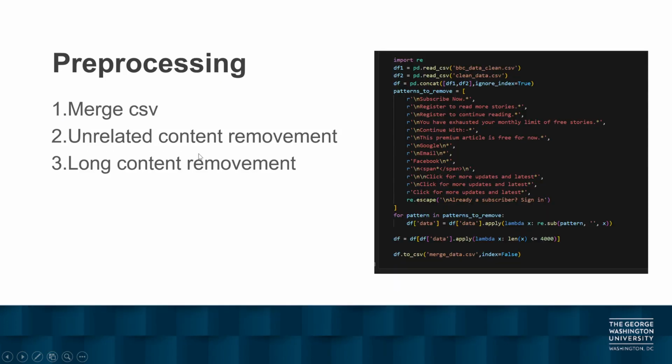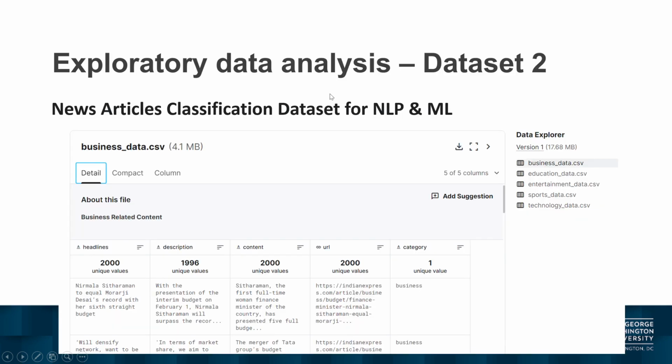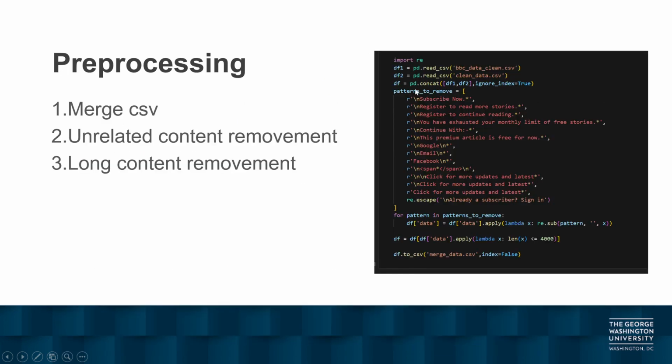So before we throw the data into the model training part, we have to first merge them together and clean the stuff that we don't want, so that the model will have a good ability to understand the context. So the first step is that I merge the CSVs: like before, I take the content and category from the files and then merge them with the BBC data.